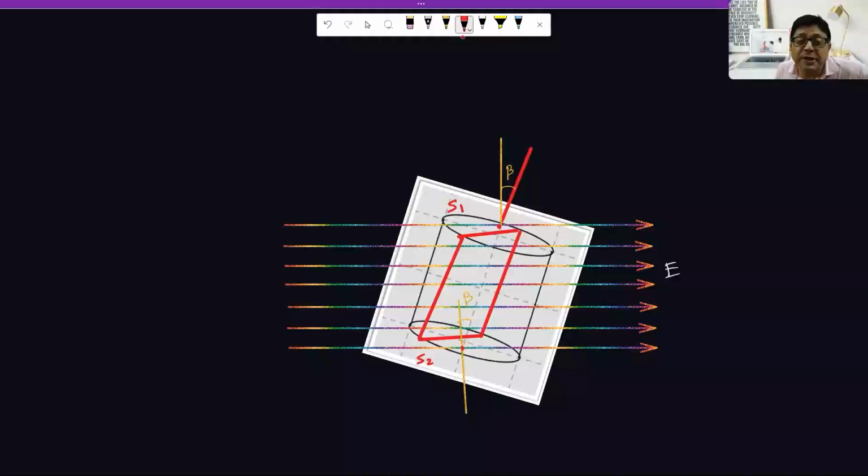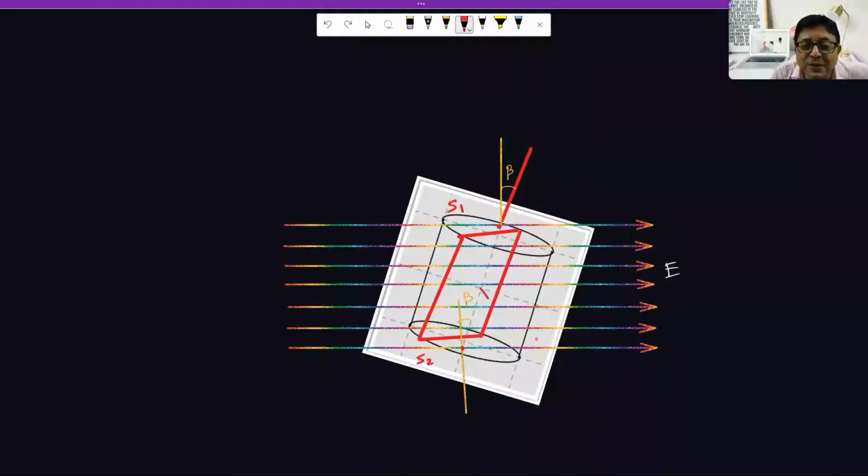In what manner will the area vector be directed? This is very important here. The area vector, perpendicular to the area only, will go this way. Isn't it? Not with the arrow pointing inward. The arrow will point outward only for the area vector. Okay.